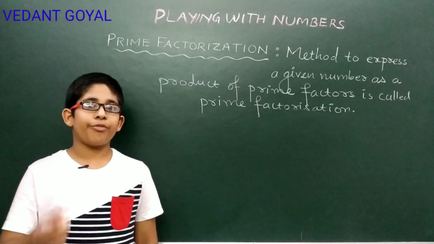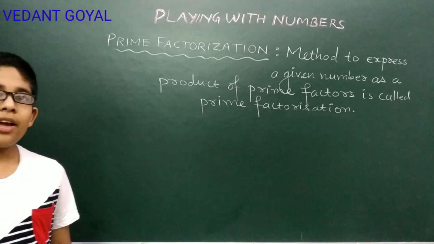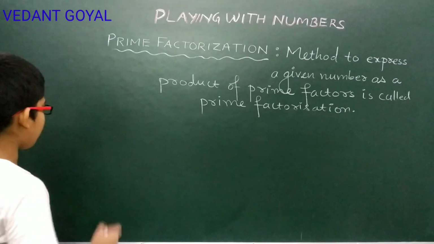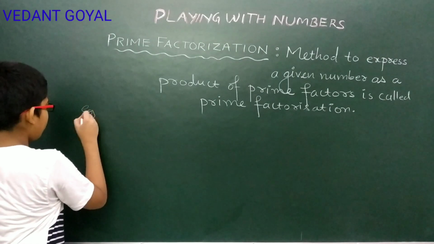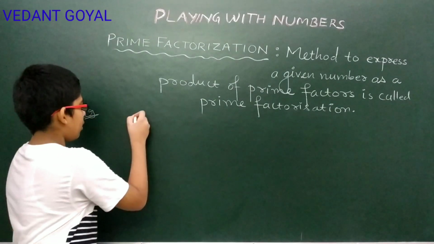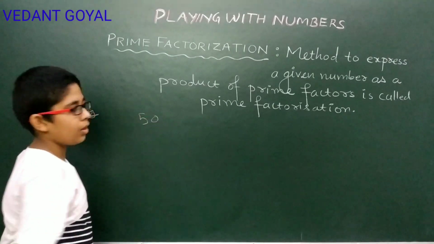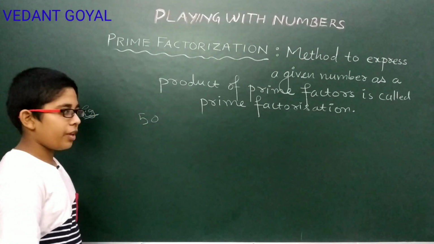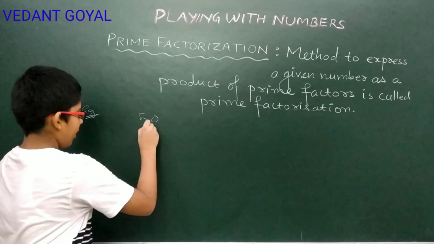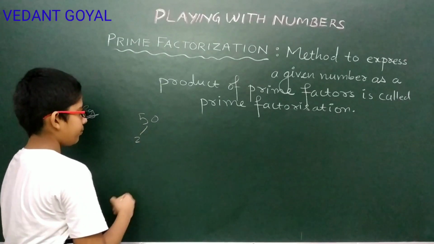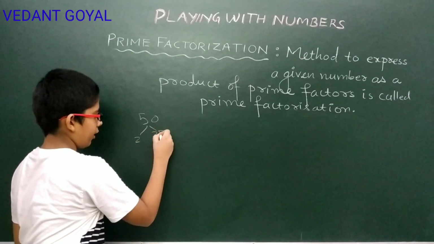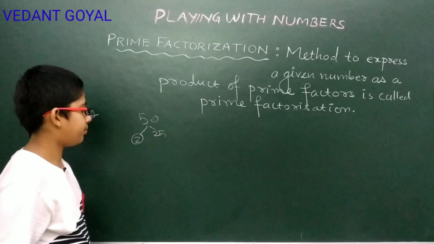Okay. We have another method to find the prime factorization. First, we will take 50. What is 50 first divisible by? It can be divided by 2, and 2 is a prime factor, so we will circle it.